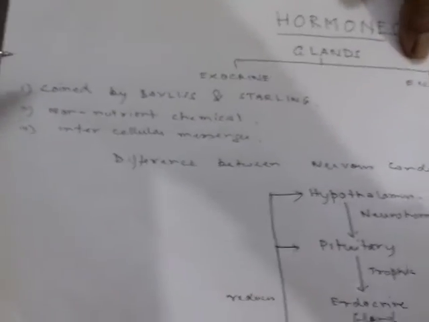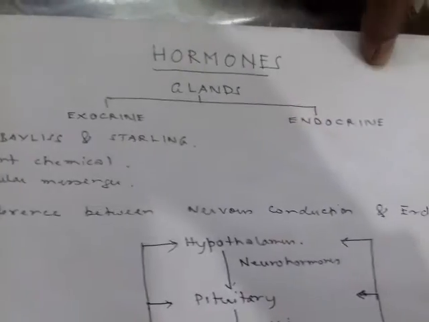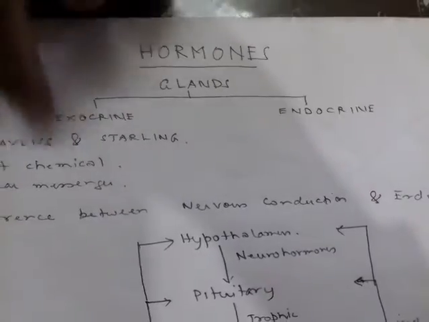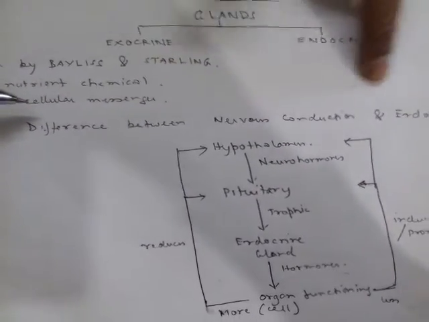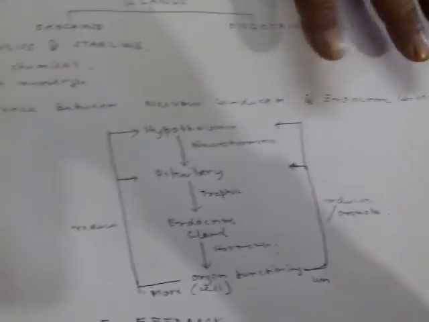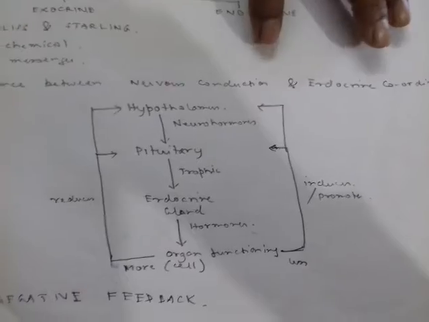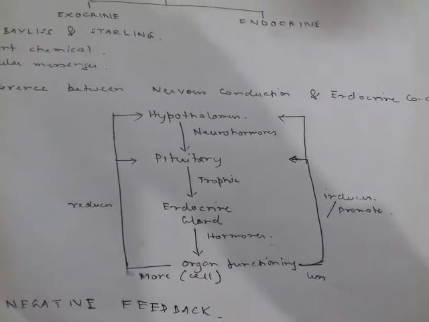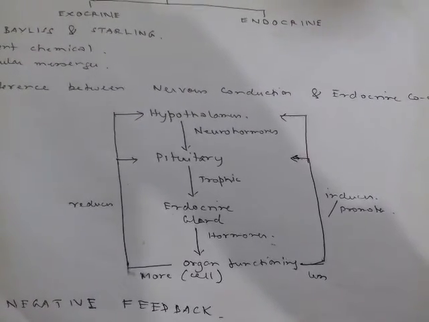So endocrine gland is the gland which secretes the hormone. Now there is a difference between nervous coordination and endocrine coordination. The difference is that nervous coordinations are faster, they are through the nerves, usually neurons and chemicals, but in case of endocrine coordination they are through the chemical messengers which are called hormones.